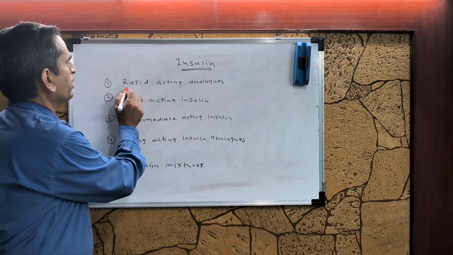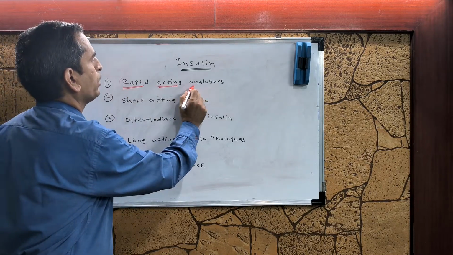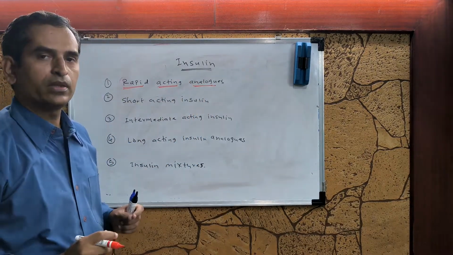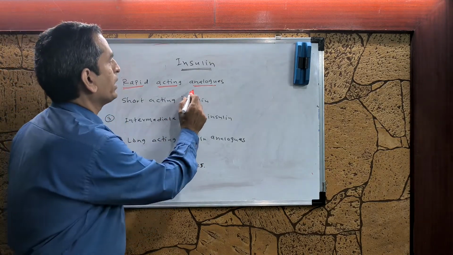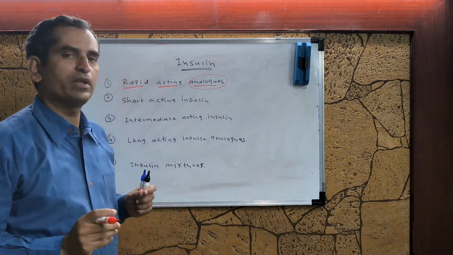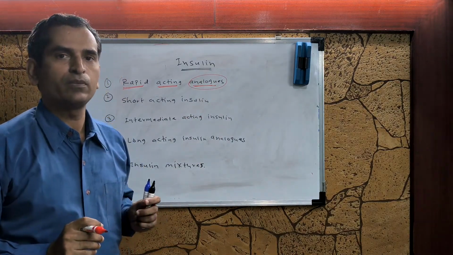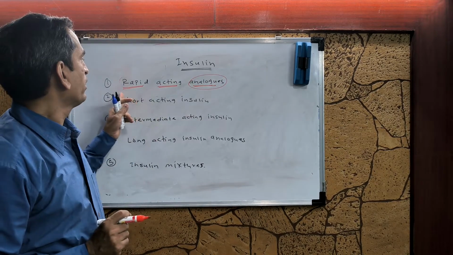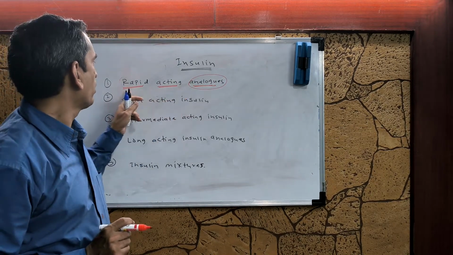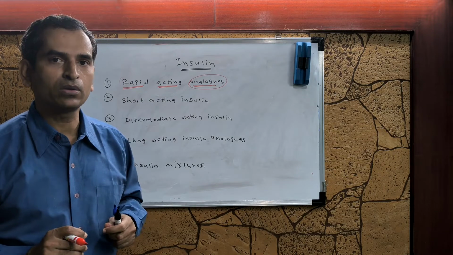As the name suggests, these are rapid acting insulin analogs. That means they are rapid acting, but they are also short acting. They are insulin analogs, which means some modifications have been done in the amino acids of the insulin, and that results in the production of the rapid acting analogs.